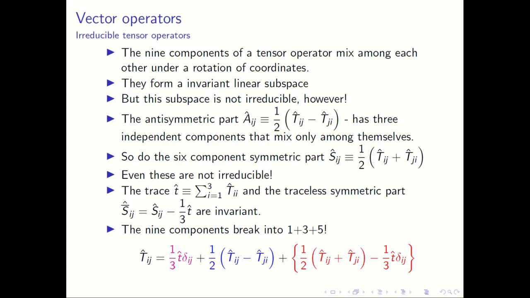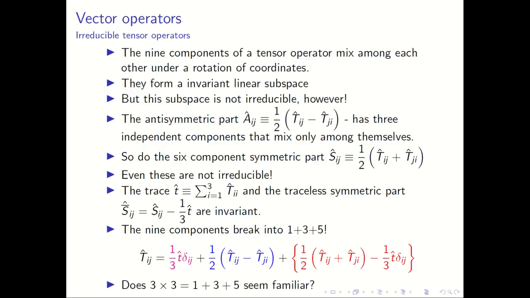Remember, we got to the second rank tensors by forming a direct product of 2 vectors, 3 components each. So the count is fine. You had 3 times 3, 9 independent components to begin with, and now you have 1 plus 3 plus 5. Now, does 3 times 3 equal to 1 plus 3 plus 5 seem familiar?